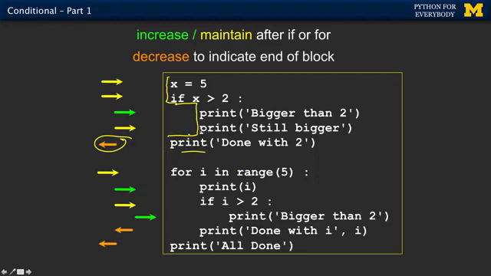The fact that this print is out means it's not part of this if block. These two statements are part of the conditional code. The print really is the thing after the if, and so this is going to run no matter what. These two may or may not run. In this case, because it's true, they are going to run and come back out. So this is conditional code.